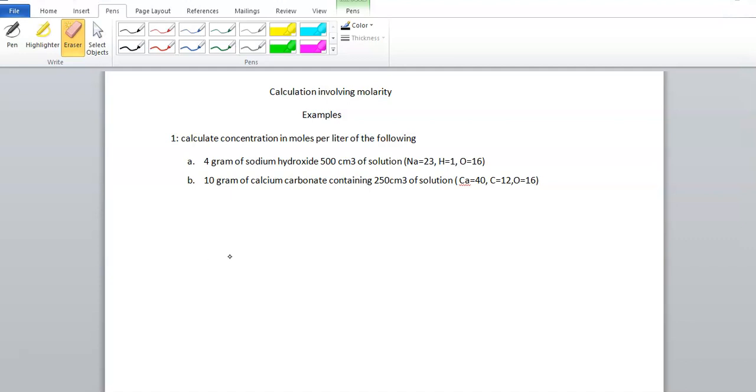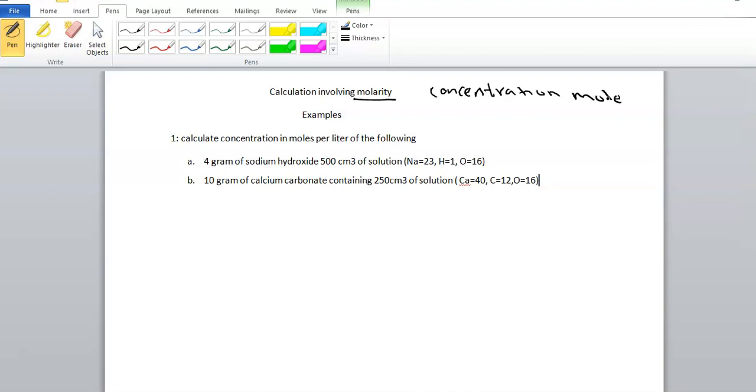Today we are learning a calculation involving molarity. This is a very important concept. Molarity can also be called concentration in moles per liter.